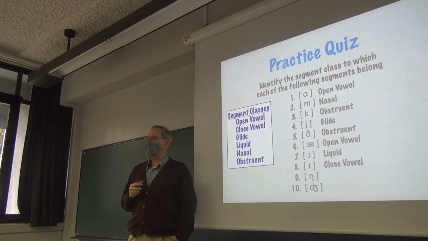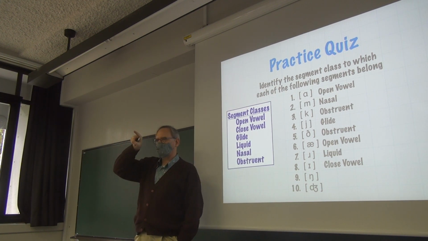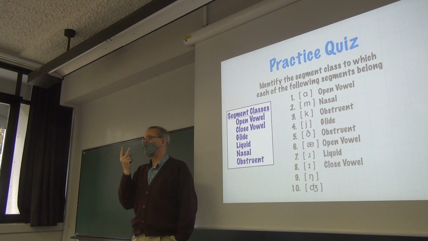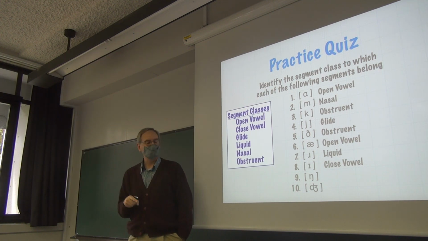Number 9 is the letter n with a little tail. This is the sound at the end of the word sing or thing, song. In English spelling, it's written ng, but it's just one sound, so it shouldn't be a digraph. In IPA, it has one symbol.